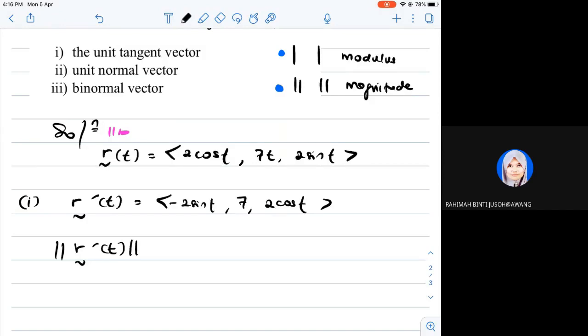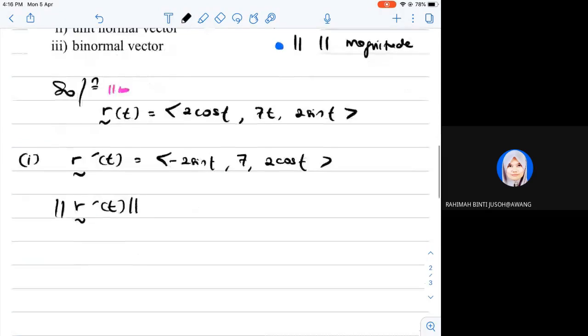Dia benda yang berbeza palang tu. Okay, magnitude formula dia like this. You need to have the square root sign and then you have to square all the elements lah.